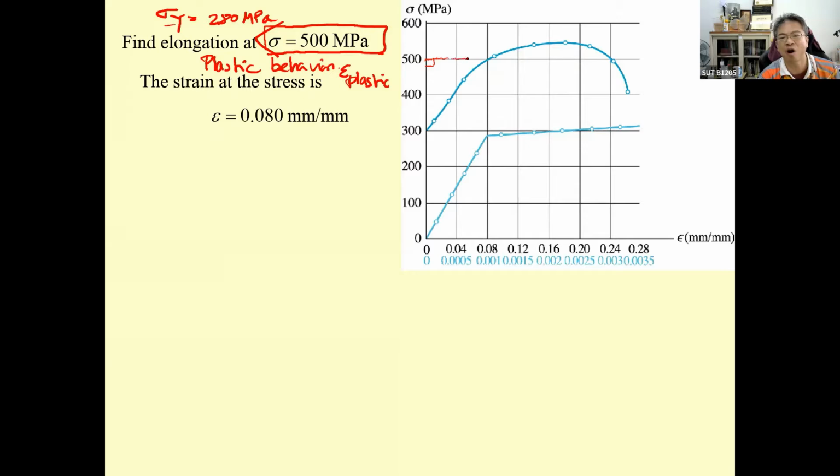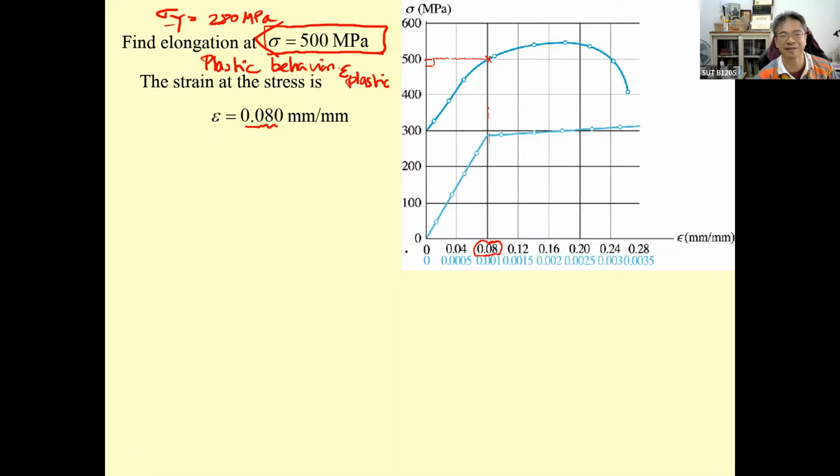Take the horizontal line and use the rough scale where it cuts over here, and then if you project it downward, you can see the strain is 0.08 millimeter by millimeter.